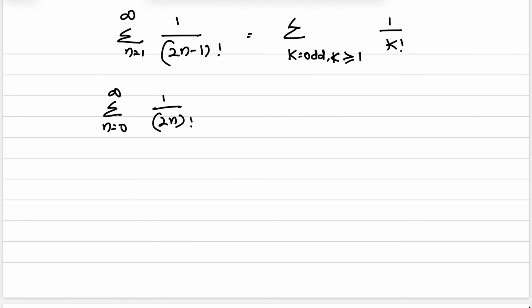This is an even number, 2n is an even number. That is equal to sigma k is even, k is greater than or equal to 0, 1 by k factorial.